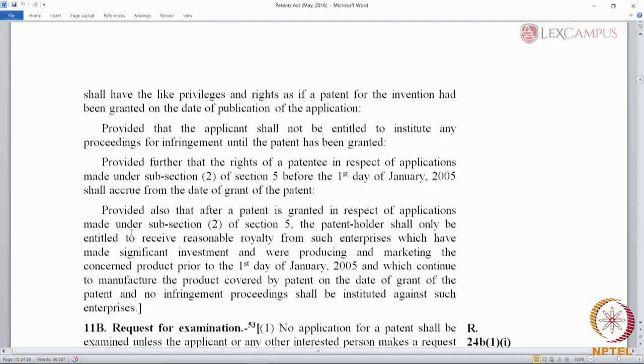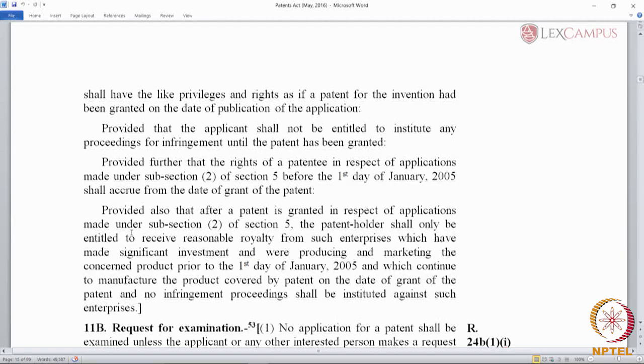Now, let us look at what are these rights. This provision clearly states that the applicant shall have like privileges and rights as if a patent has been granted. So, on TPA, that is time for publication of the application, what we call the first publication, the patent applicant will have certain rights and privileges as if the patent has been granted.